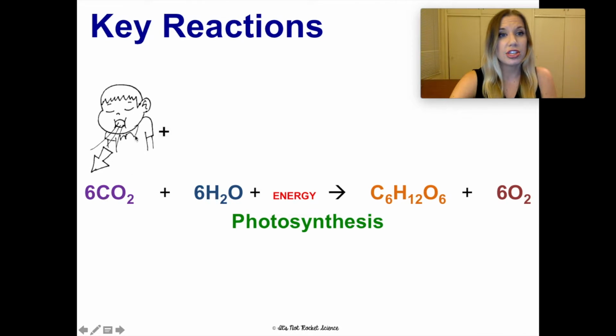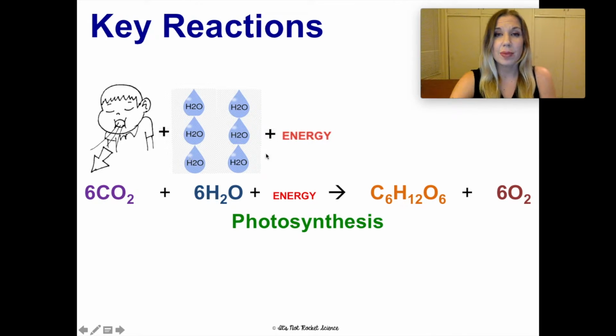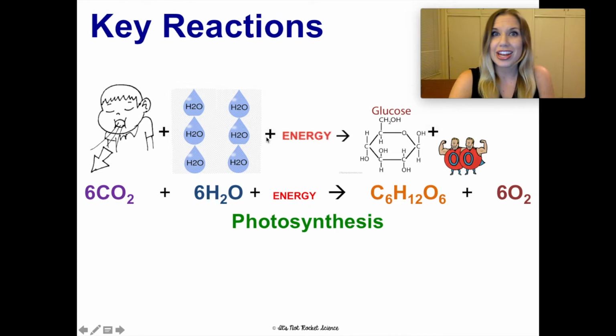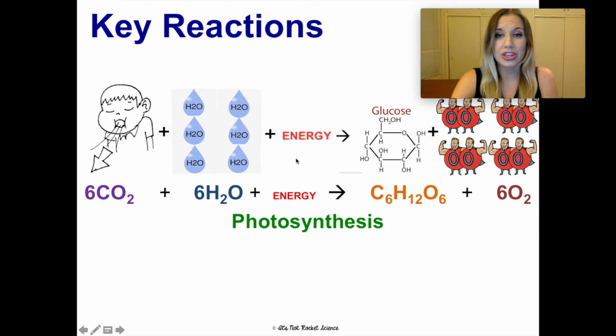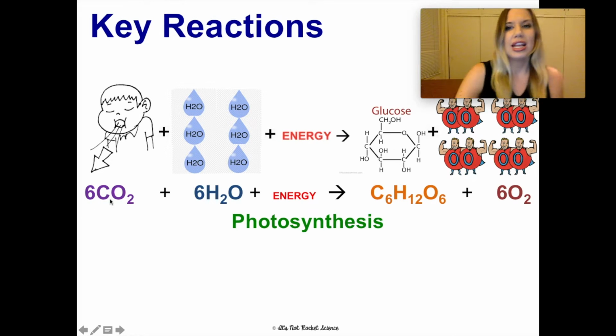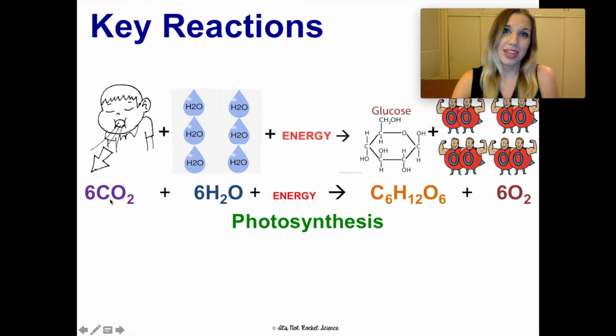And so plants use carbon dioxide and combine it with 6 molecules of water, then use the sun's energy and convert those molecules by chemically reacting them and forming new bonds to create molecules like glucose, and then they create 6 molecules of oxygen.